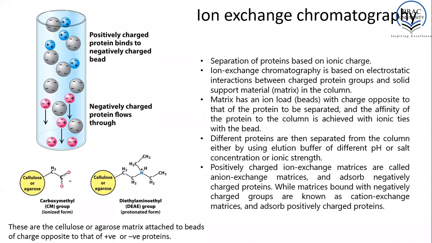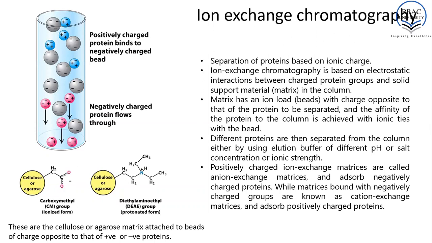Next is ion exchange chromatography. Again, the separation of the protein is done based on ionic charge. Ion exchange chromatography is based on electrostatic interactions between the charged protein group and the solid support material, that is, the matrix in the column, which is the stationary phase. This matrix has beads with the opposite charge of the protein of interest, and the affinity of the protein to the column is achieved by ionic ties with the bead.